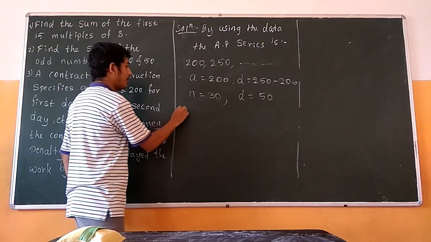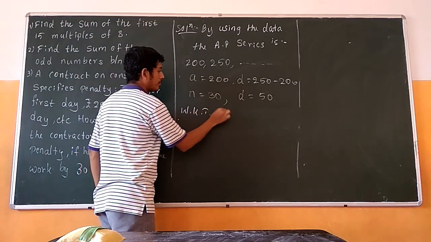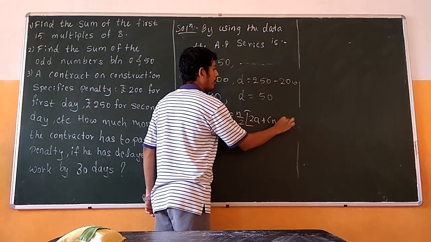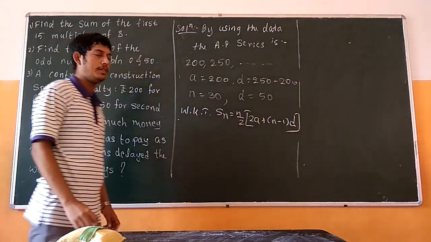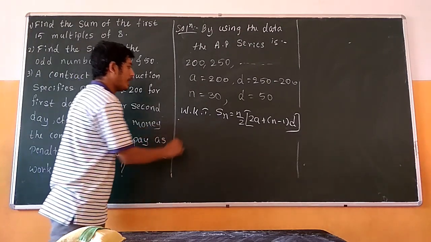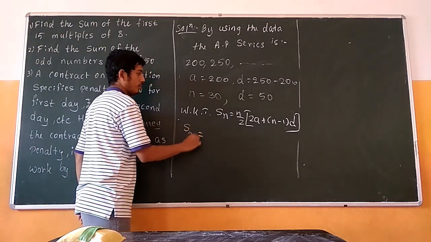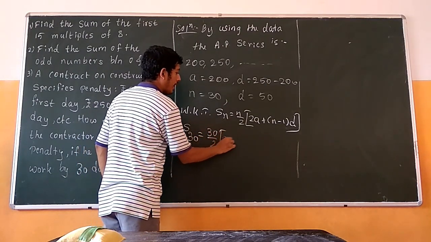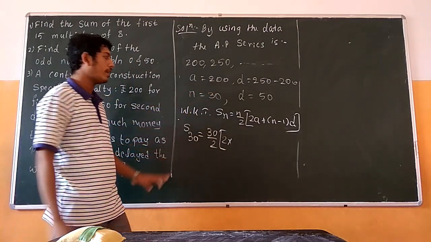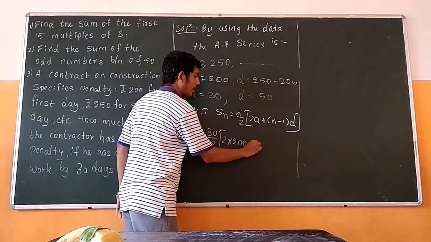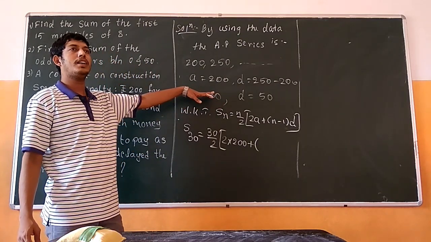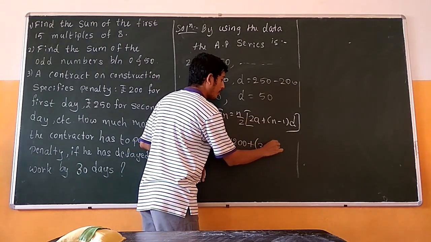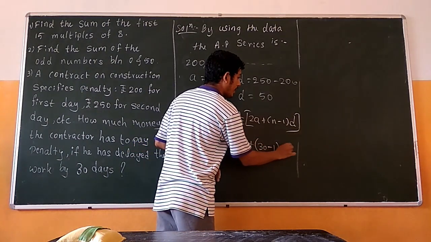Now we know the formula: Sn equals n by 2 into 2a plus n minus 1 into d. Totally 30 terms are present, therefore S30 equals 30 by 2 into 2 into the value of a, which is 200, plus n minus 1, that is 30 minus 1, and the value of d is 50 here.